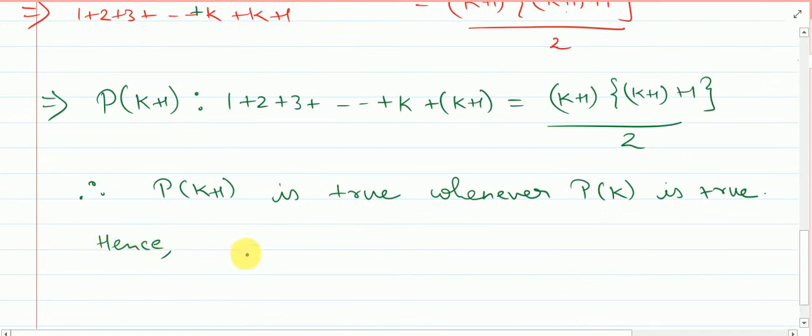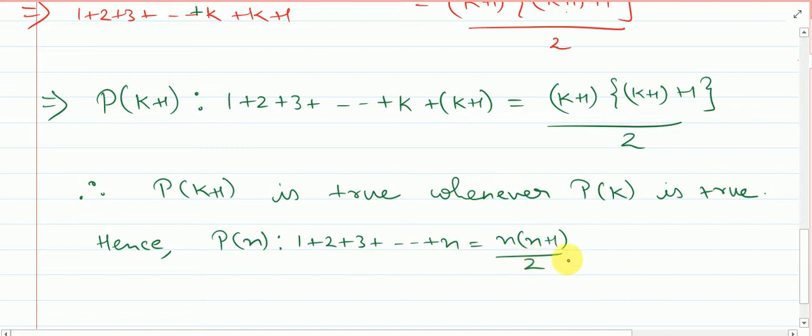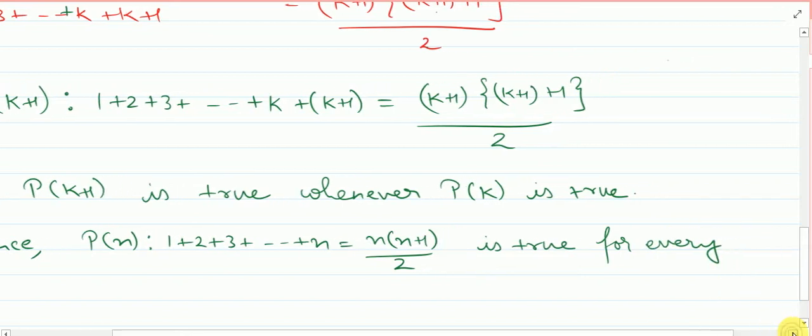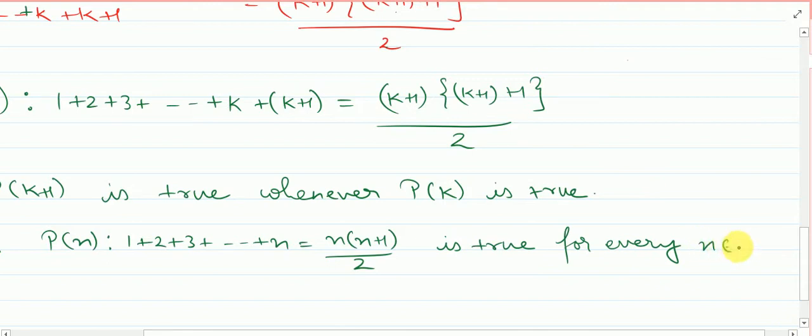Hence the statement Pn is true for every natural number.